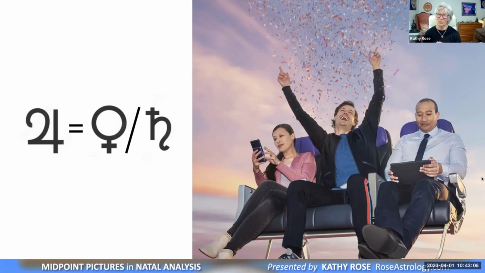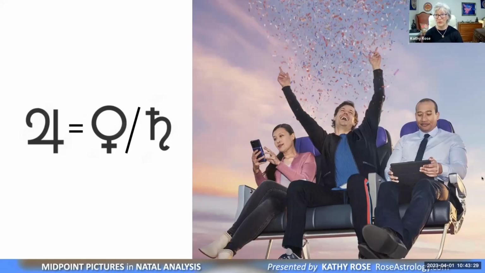The woman on her phone, probably scrolling through social media, seems like Venus. The man on the other side, dressed in business attire with a nice smile on his face, on his computer, seems like a happy Saturn. Then maybe we could say this is Jupiter equals Venus, Saturn.